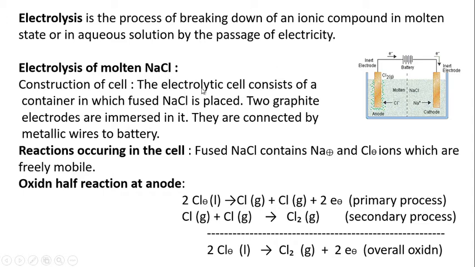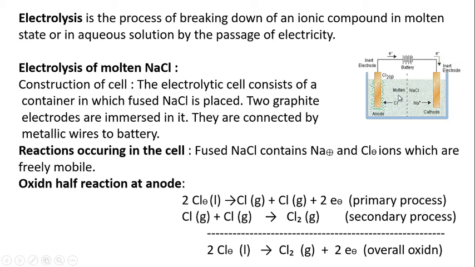For this electrolysis of molten NaCl, first we see the construction of the cell. In the diagram, there is a cell in which the molten NaCl is placed. In this molten NaCl, two electrodes or two rods are placed, which are inert, and they are attached to the battery.